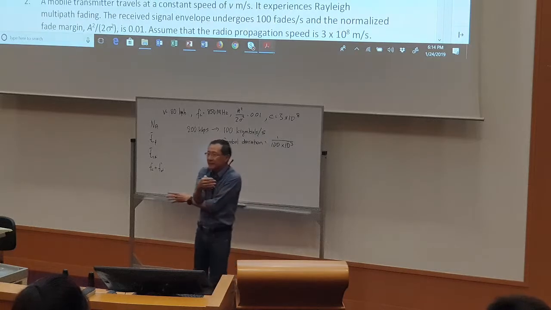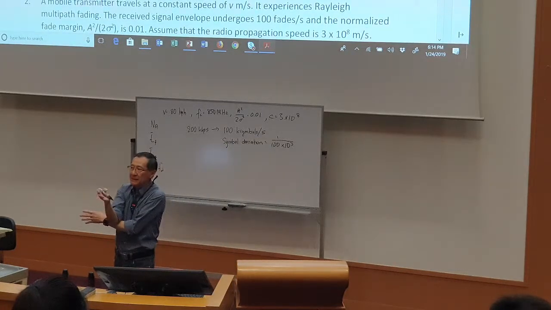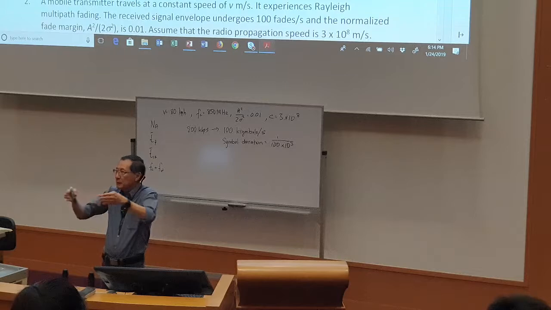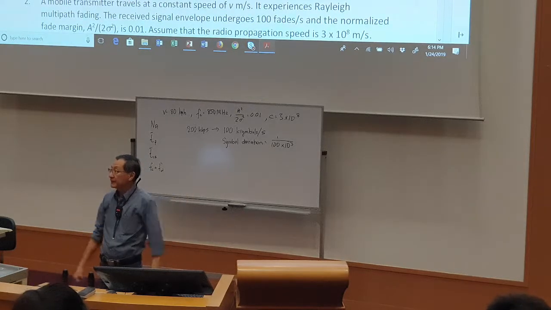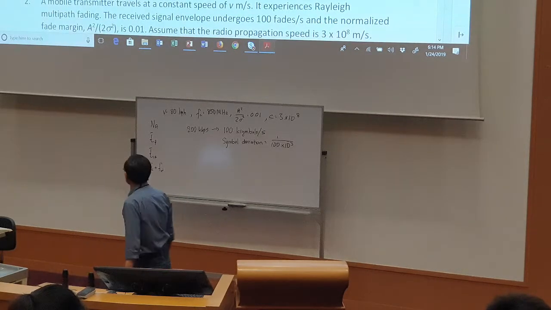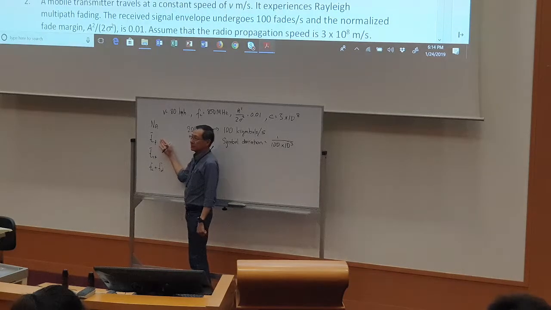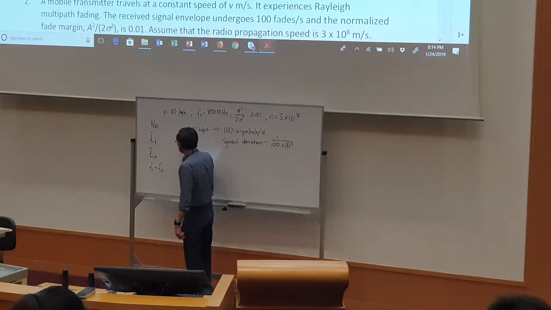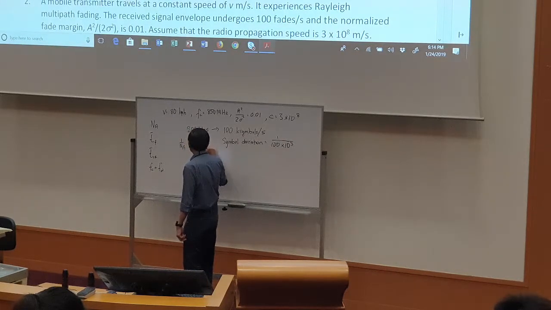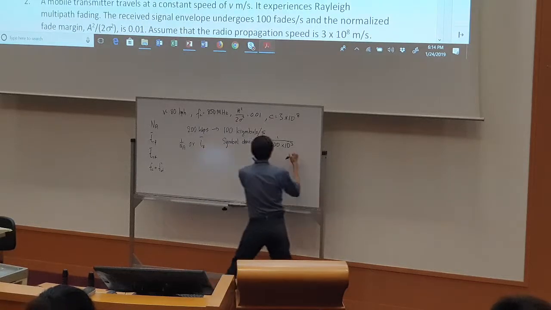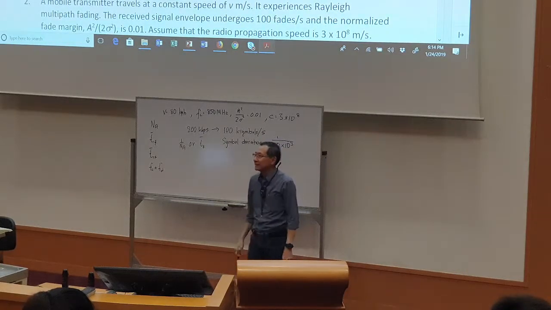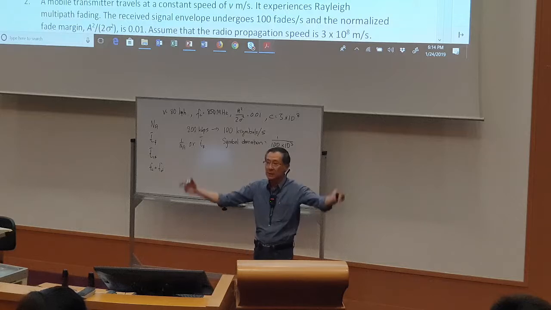So if NA is 10 fades per second, that means the fade will occur over a long period, right? 1 over 10. Or you can also compare against this, the duration of the fade. So there are multiple ways you can compare. If either 1 over NA or the fade duration is much smaller than the symbol duration, then it's fast fading, because many of them are occurring within one symbol.